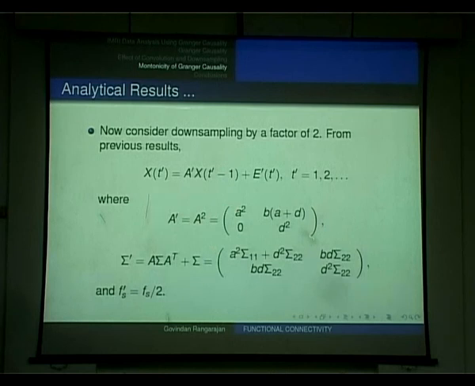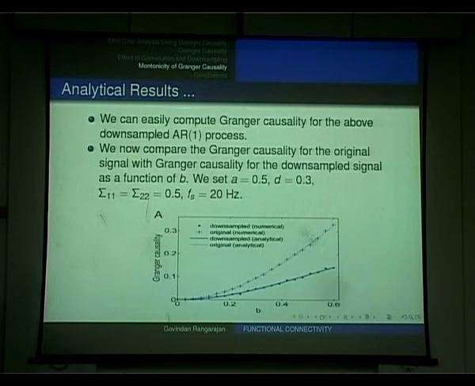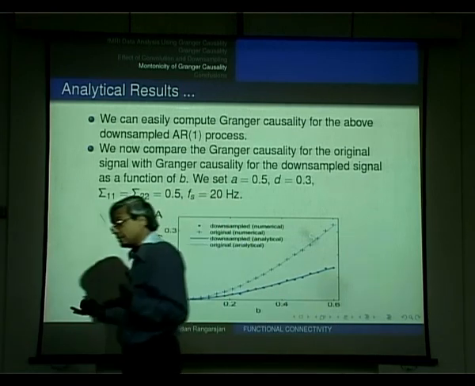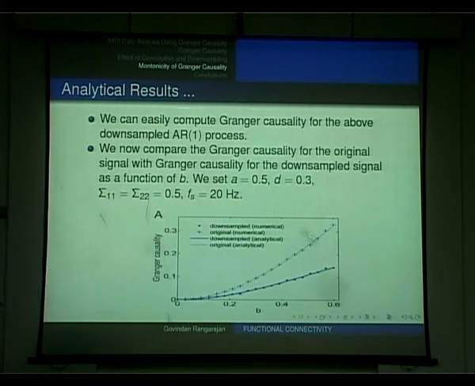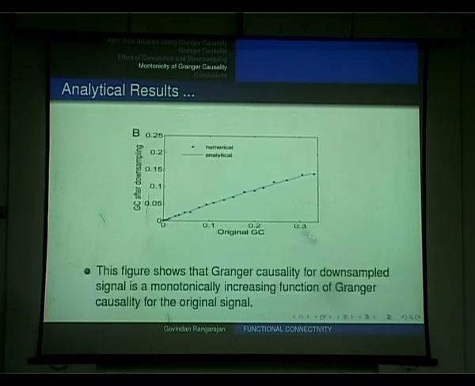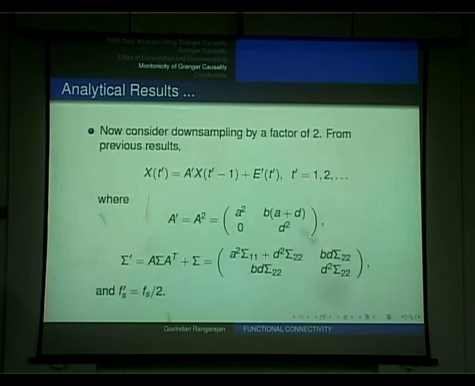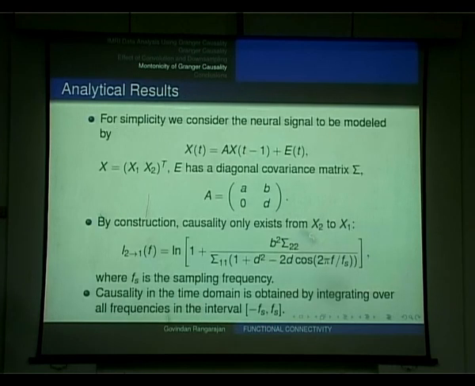Again, we go through the math, and you get an analytical expression in this case for granger causality after downsampling by a factor of 2. And rather than exhibiting the full expression, I've just shown you a graph here. So the original signal is this. The b essentially tells you, if I go back to this expression, see b appears here.